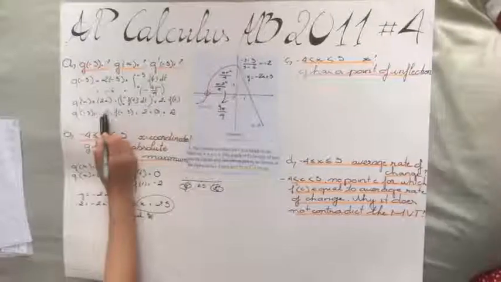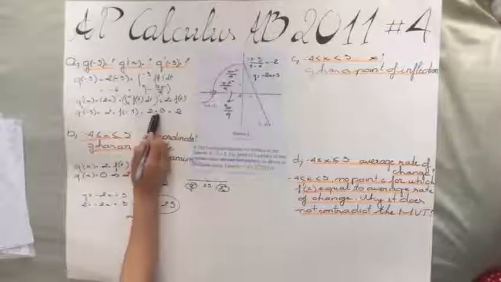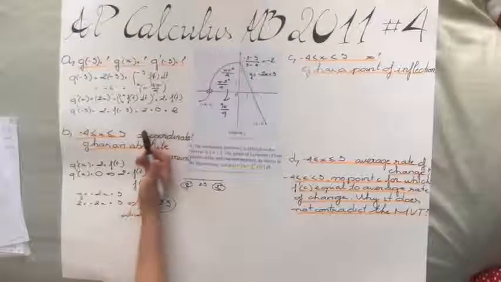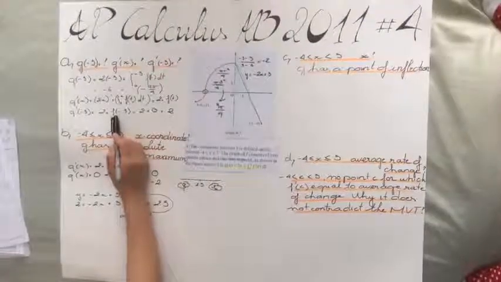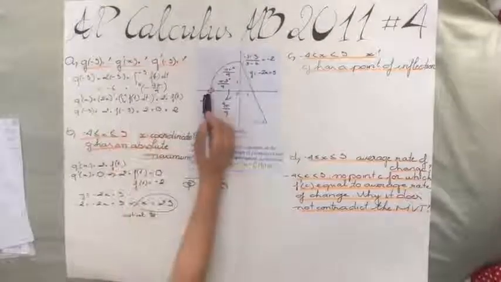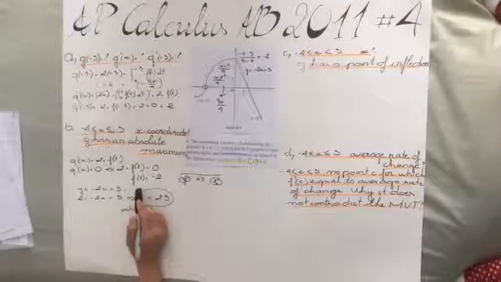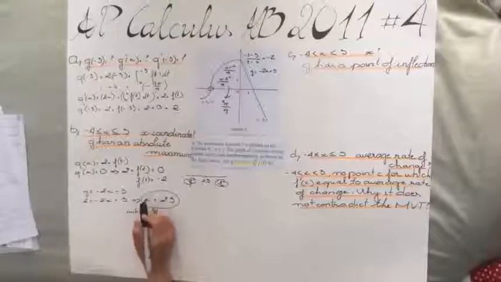So we have 2 plus f of -3, which is 2 plus 0, which is 2. The value of f of -3 is on the graph right here, which is 0. So now let's move on to part B.